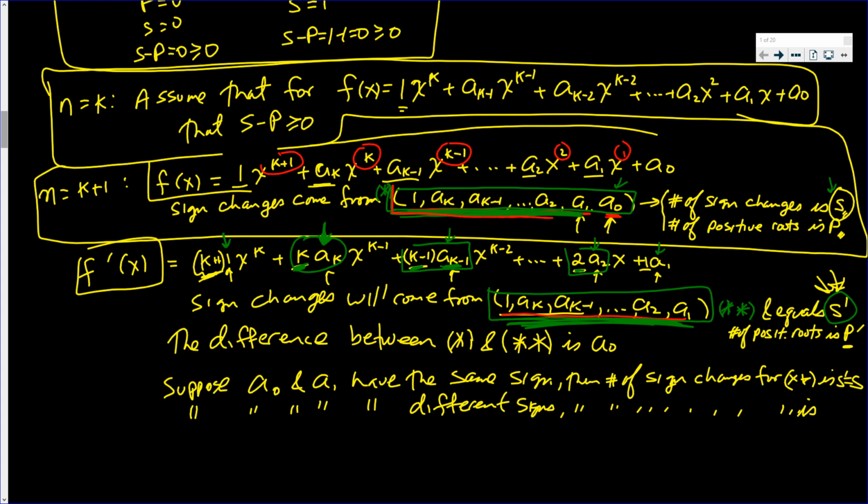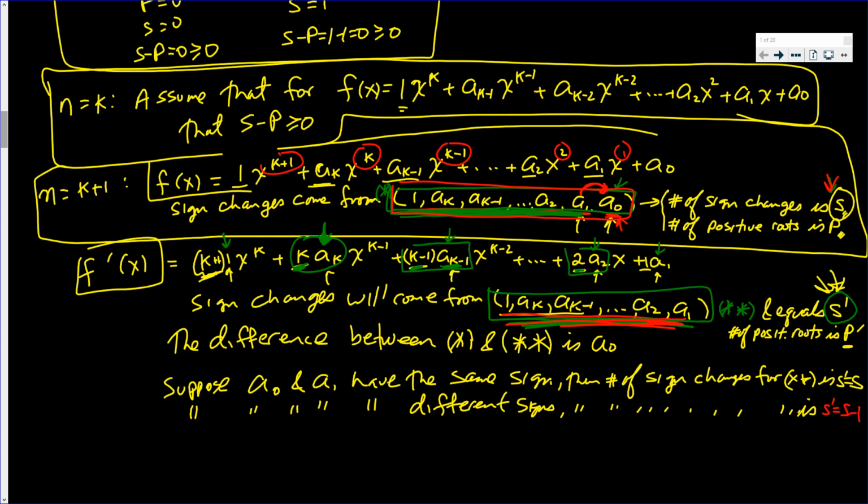All of these have the number of sign changes S, and it included this last one, because now they're different. But this list down here doesn't have A0. It's going to have one less. S prime is going to be S minus 1.